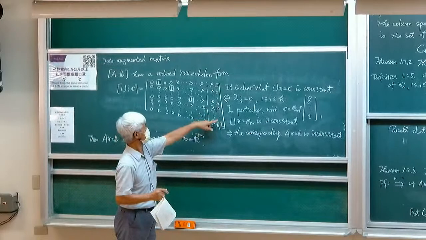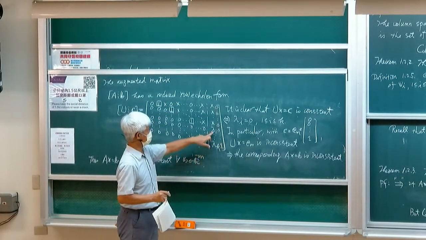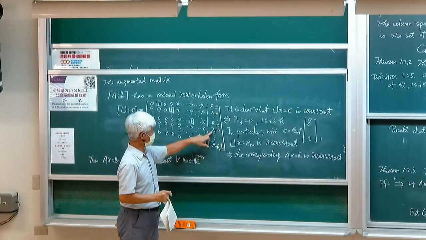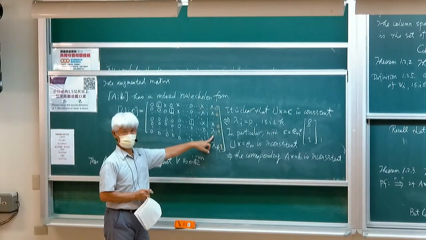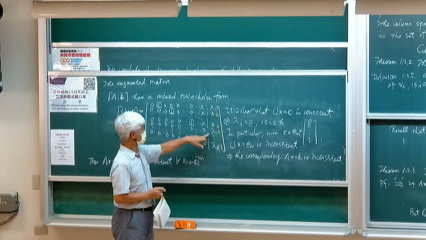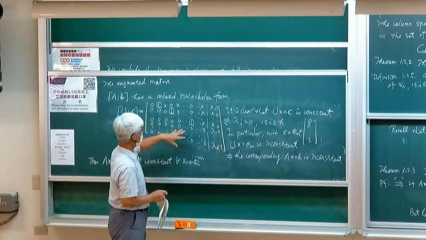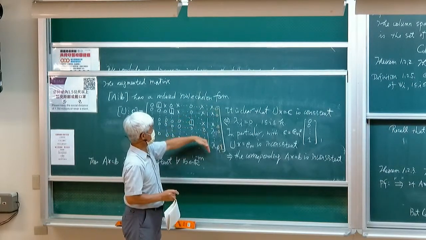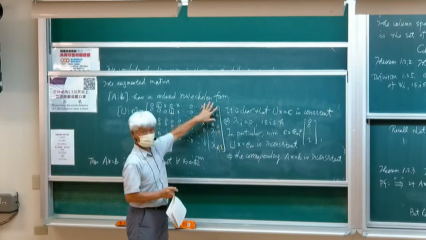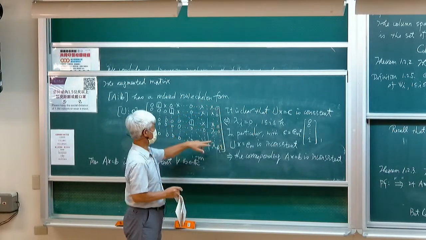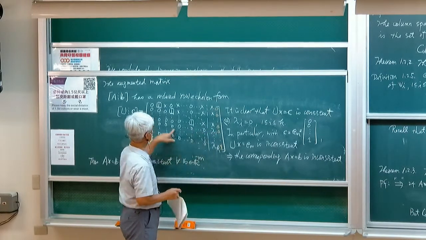Here, it is inconsistent if and only if at least one of lambda 1 up to lambda k is non-zero. If you have a non-zero here, then by row operations again you can eliminate all the other entries, and there is only one 1 here, and that one would be a pivot.